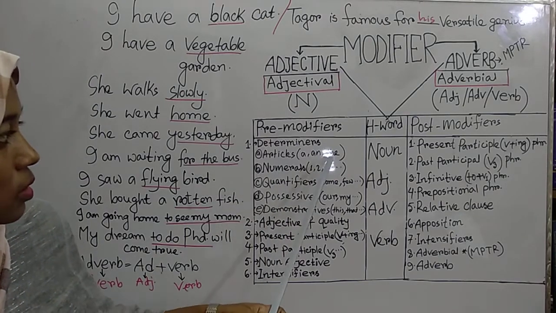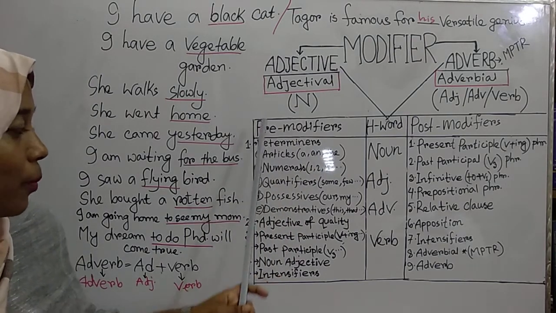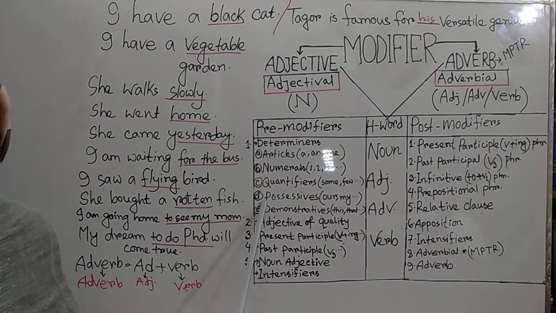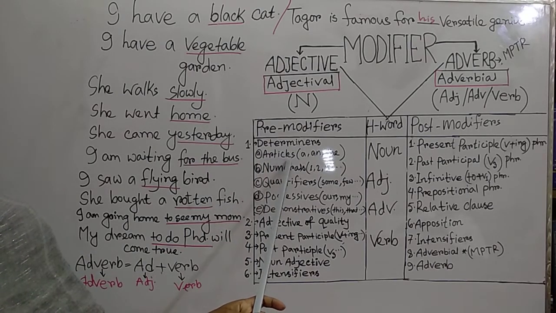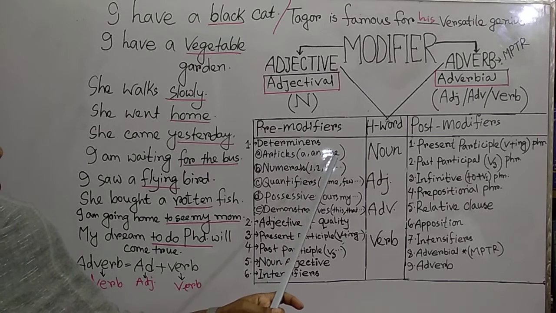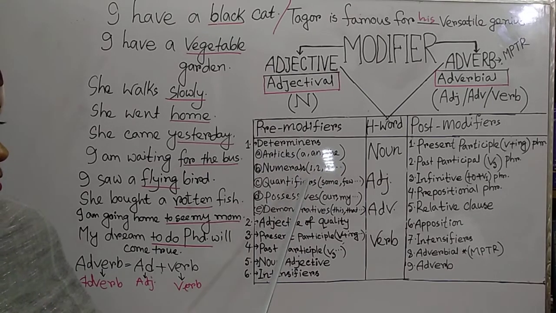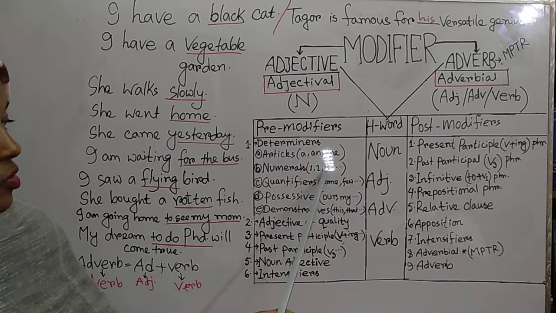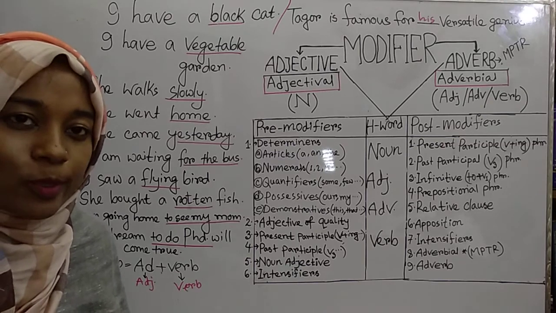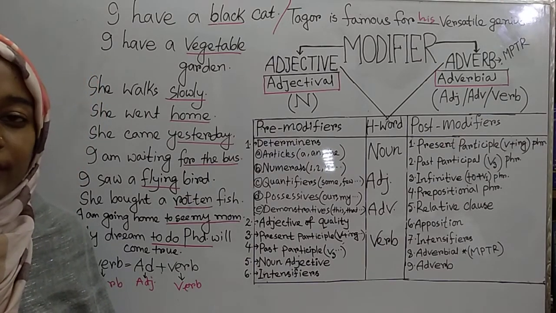Actually, determiners are mainly of 5 kinds. They are articles a, an, the, numerals 1, 2, 3, single, double, first, second, third, etc.